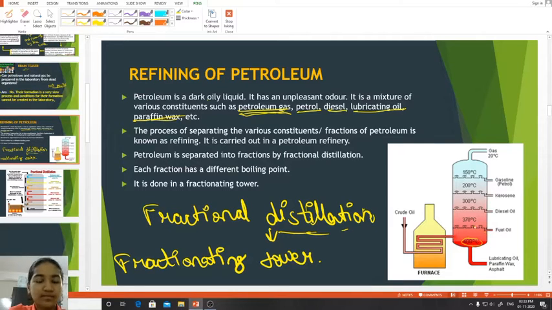The ones with higher boiling points do not settle. Ones which have lower boiling points settle first. Lower boiling points, 300 degrees Celsius, 200 degrees Celsius, 150 degrees Celsius. So that's how they settle according to their boiling points.